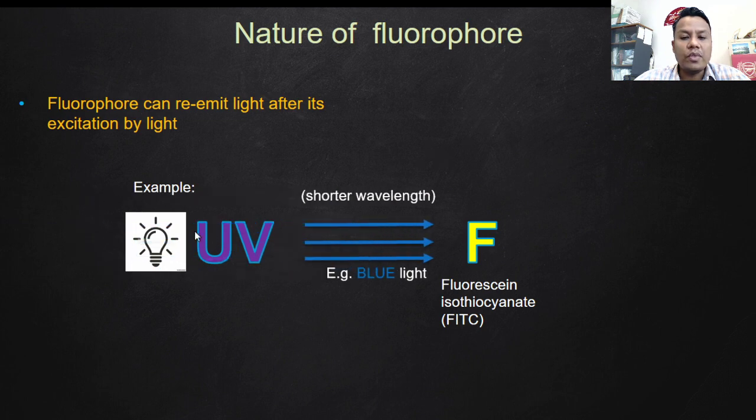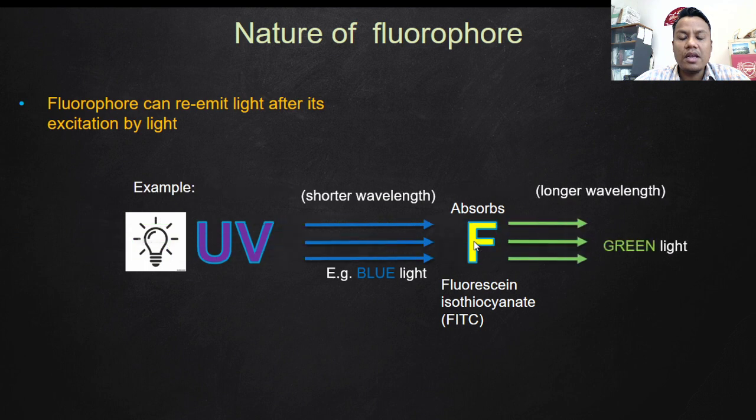So UV will be absorbed by the FITC, and after that FITC will emit a different light. In this case, they absorb a blue light from UV with a shorter wavelength, and then they will emit a longer wavelength light in the form of green color.